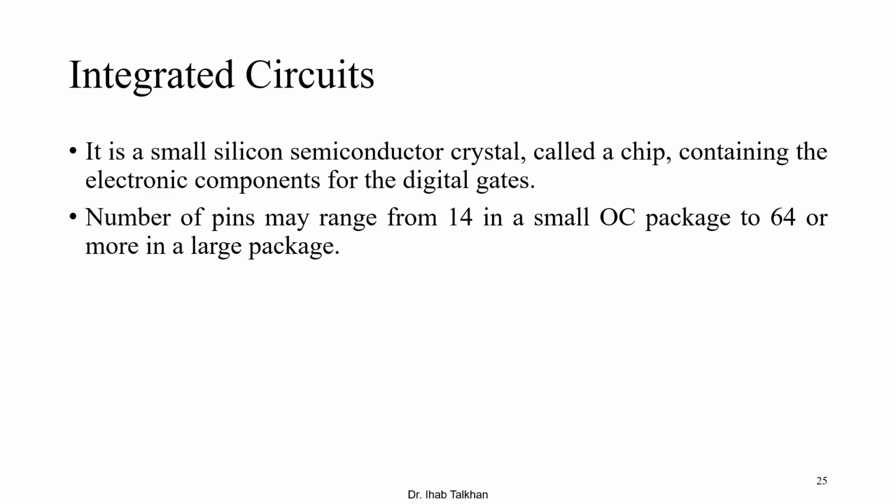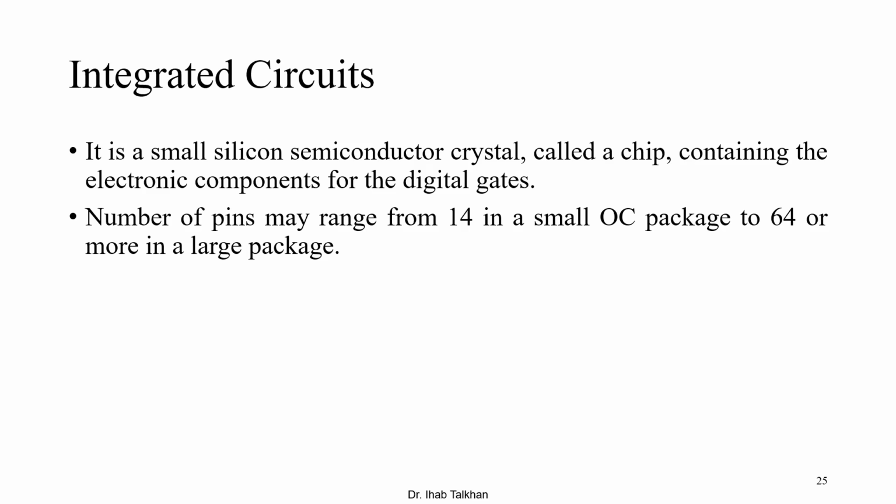Crystal means we organize the atoms in a way, like a cubic organization, to control them, so that if you have a voltage difference between two points, the current goes in a certain direction, giving positive or negative current. This crystal contains the electronic components of your digital gates, such as resistors, capacitors, and so on.